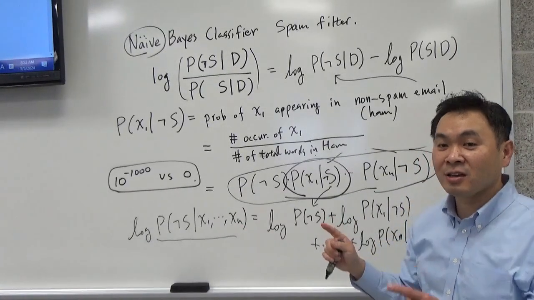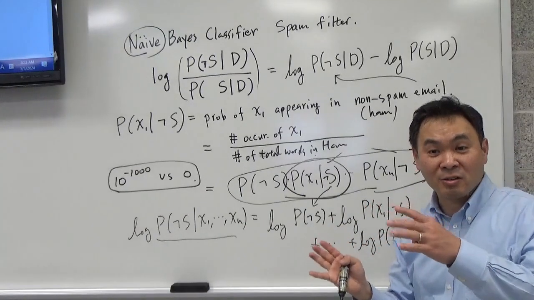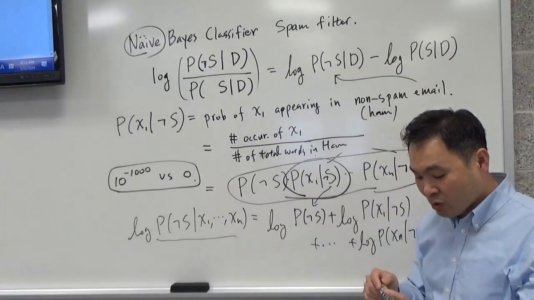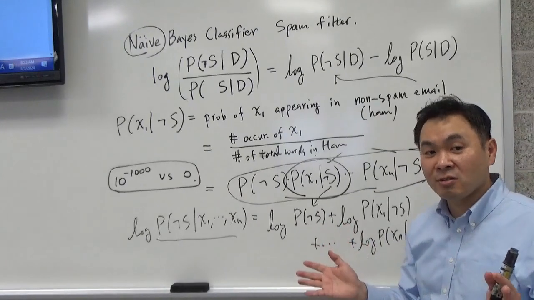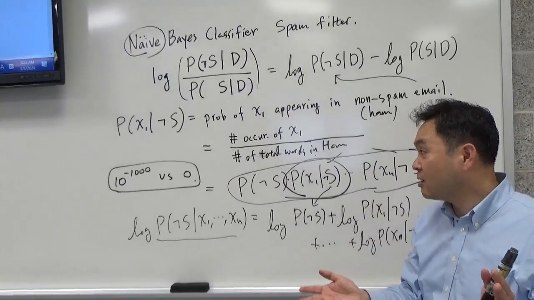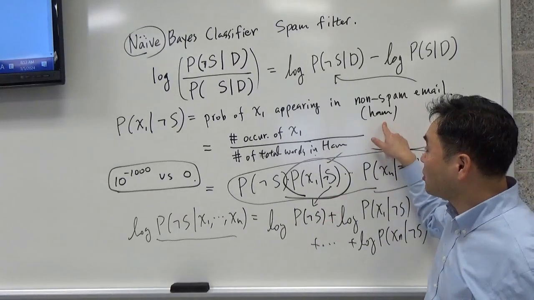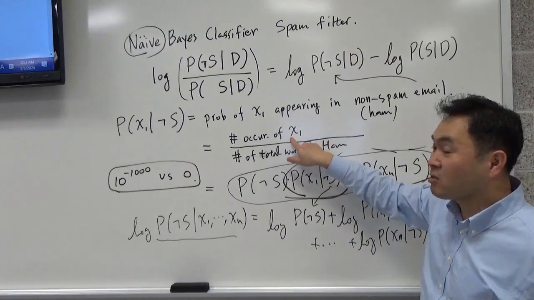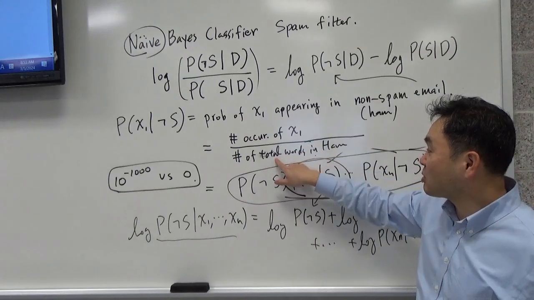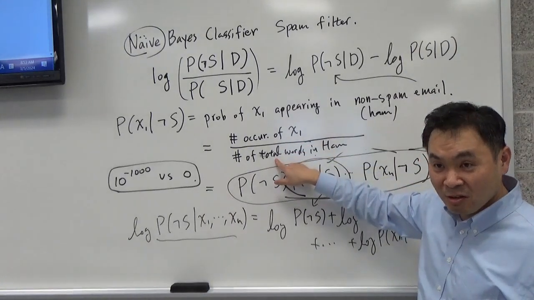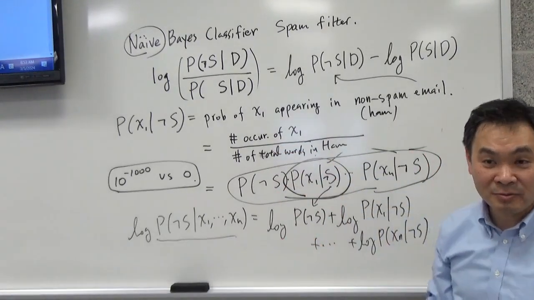We're just taking a part of the email data that we have, that's a training set. So again, we're going to take a portion, say 80% of our data, as a training set, and in each of the ham emails, we're going to count all the occurrences of x1, and also count the total number of words in the ham emails and divide that. That's going to be a probability.